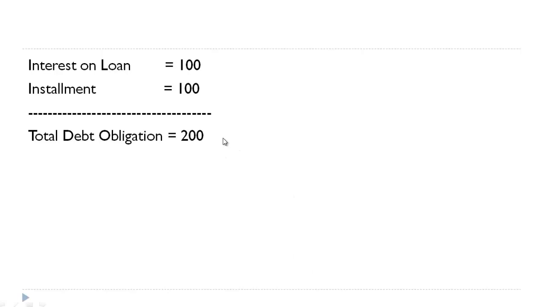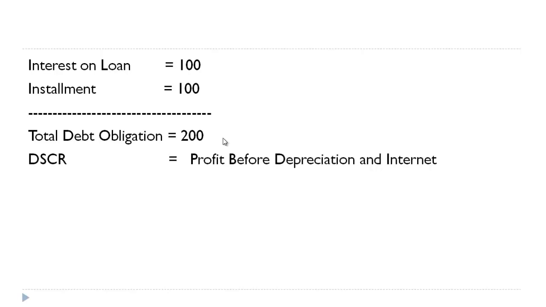So now we can calculate this debt service coverage ratio, because that basically talks about the profit available for debt service and the total debt obligation. So we'll write DSCR is equal to profit before depreciation and interest divided by interest plus installment. So we know profit before depreciation and interest, how much was it?